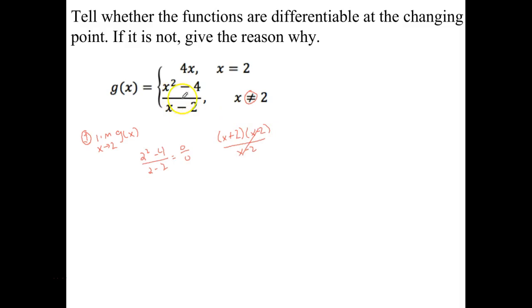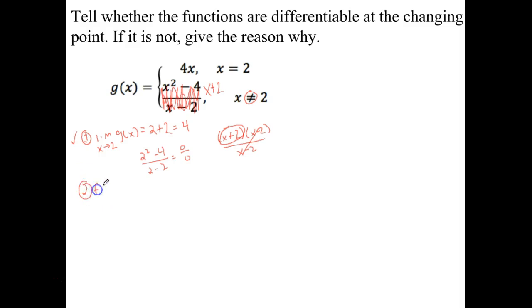They cancel. We had a hole. This is our new function. Get rid of this old one. It's ugly. It has holes. We don't like holes. Here's our new guy, x plus 2. Okay, we can plug 2 into there. So our limit is 2 plus 2, which is 4. So remember, we only had to plug into the bottom one to check the limit on this one. So check, we do have a limit.